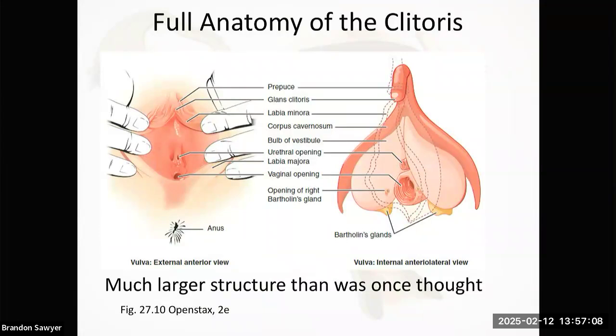If a woman has a tumor that needs to be removed, or some portion of the clitoris, or some portion of the labia that needs to be removed with vaginal cancer, which is somewhat common, they end up a lot of times removing a lot of the clitoris as well, because it actually spans a much larger region than was once known. That causes major disruptions in sexual function as well as a lot of pain, because it's a very sensitive tissue.